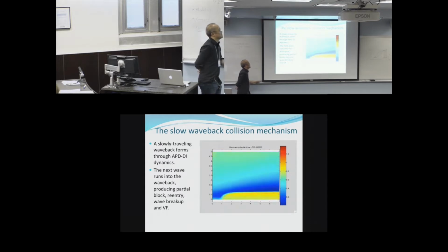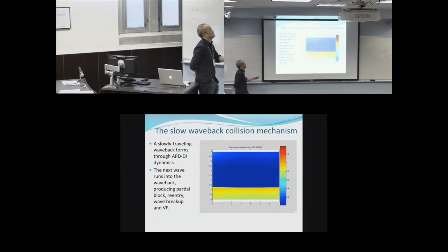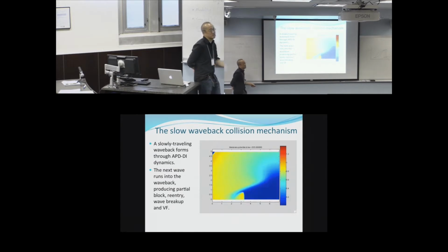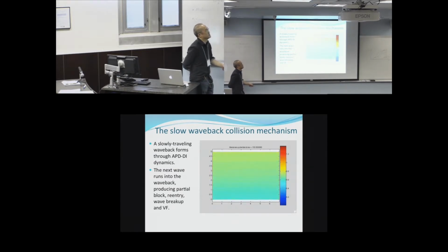And so what you can see is that I've arranged the intervals between the waves so that the first wave travels very fast, and the second wave travels more slowly. You can see the wave back is traveling more slowly for that one, and the third one travels very fast. But now look how slowly the fourth one travels, very, very slowly. And then the fifth wave runs into it and produces wave break in the middle of the system, and then you get rotating waves.